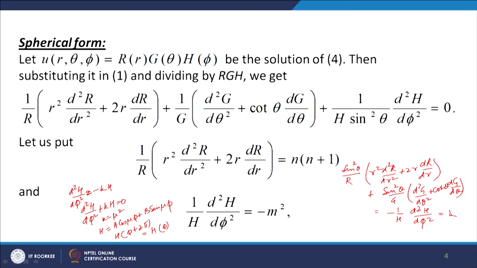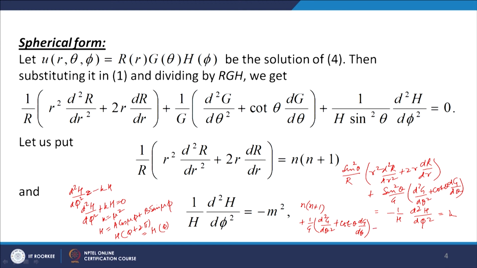So, we will have 1 over r square d square r over dr square plus 2 r dr over dr equal to n into n plus 1. So, we get n into n plus 1, plus 1 over g d square g over d theta square, plus cot theta dg over d theta. 1 over h d square h over d phi square we have written as minus m square.